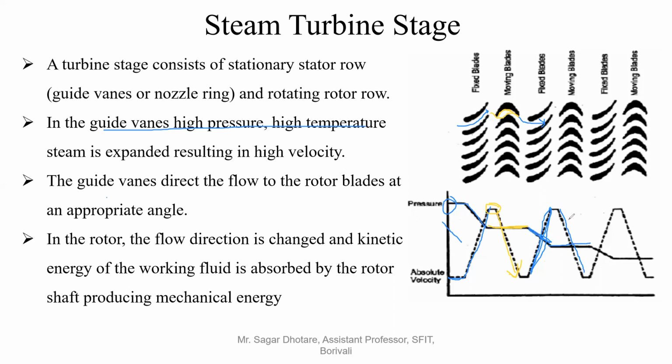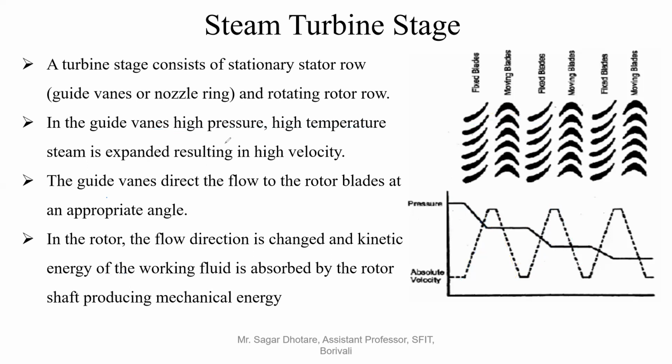That is the conversion of heat energy into mechanical energy of the moving plates. So here the kinetic energy is converted into shaft mechanical energy. In this manner, the steam turbine works.